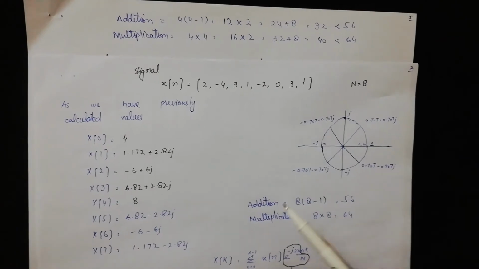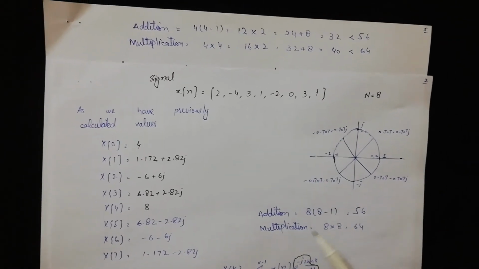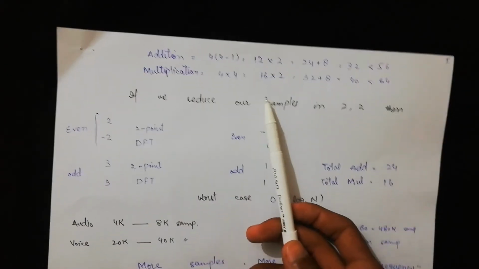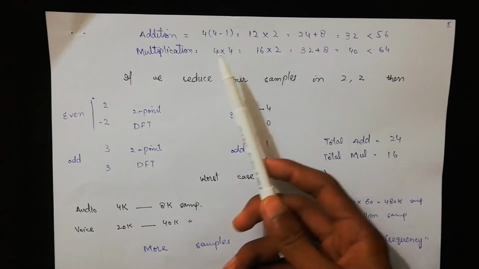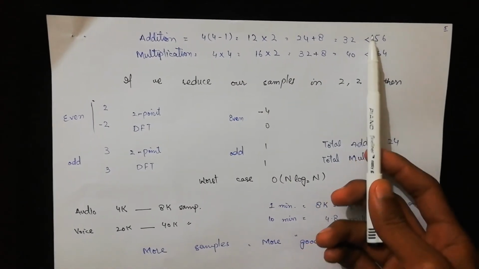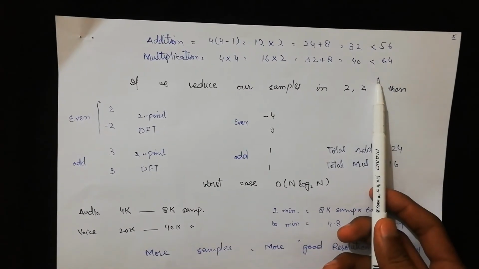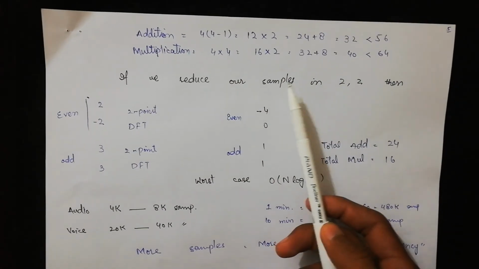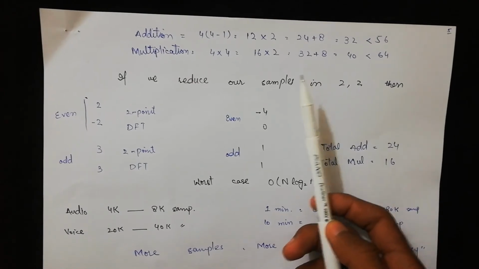Now as previously we saw, the addition count is 56 and multiplication is 64. When we calculate separately for even values and odd values, the addition reduces to 32 and multiplication reduces to 40. 32 is less than 56 and 40 is less than 64. This is when we divide our signal into 4-point even and odd signals.